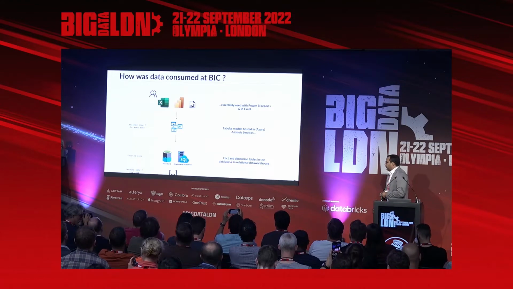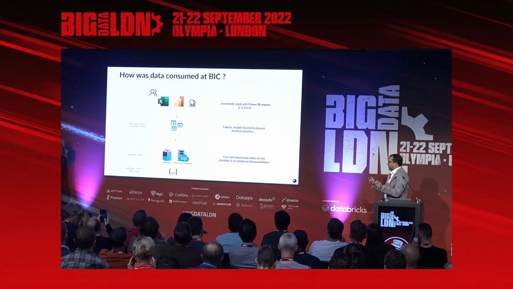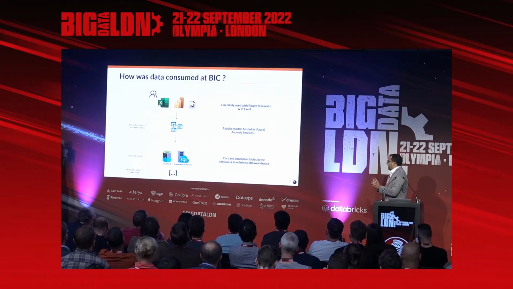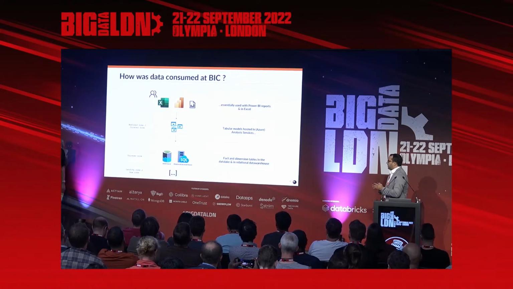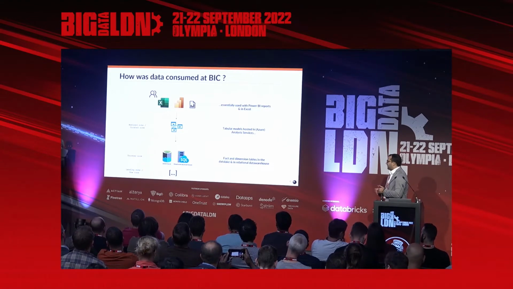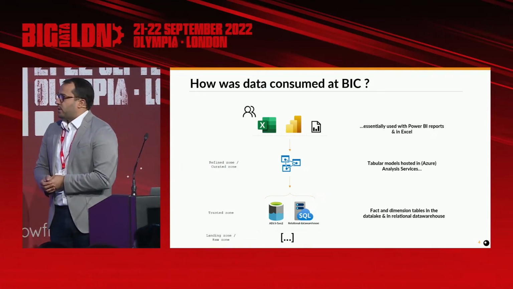It's not relevant here. Let's start directly with the trusted zone, where we have our fact tables, our dimension tables, good old data warehousing. So we have some legacy part of the data warehousing, then a relational database, some more modern stuff, parquet files in data lakes, basically. And then you find the refined zone, the curated zone.